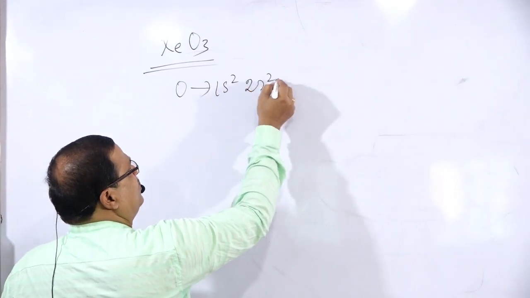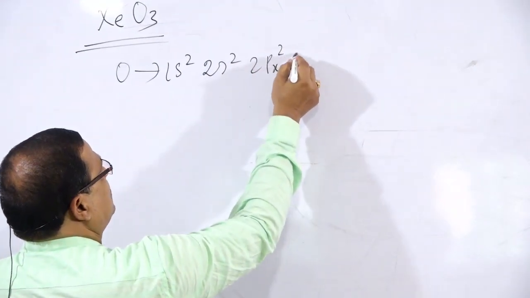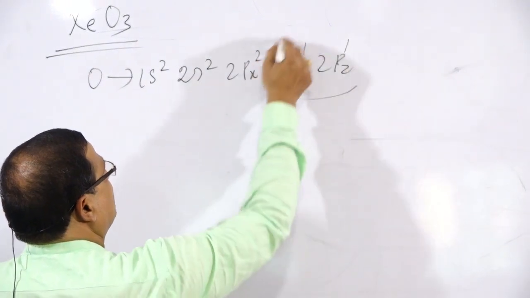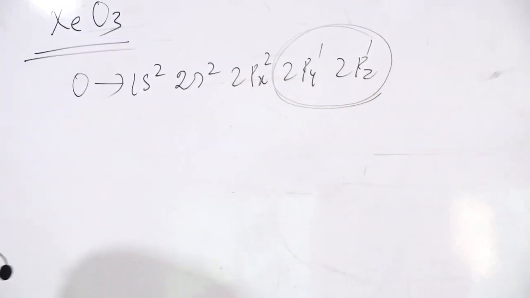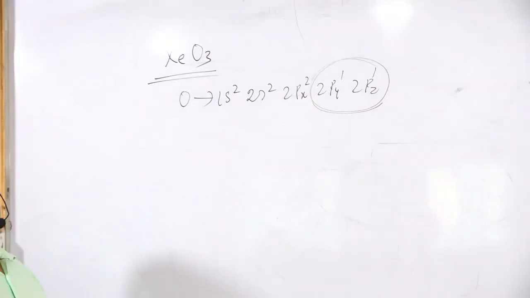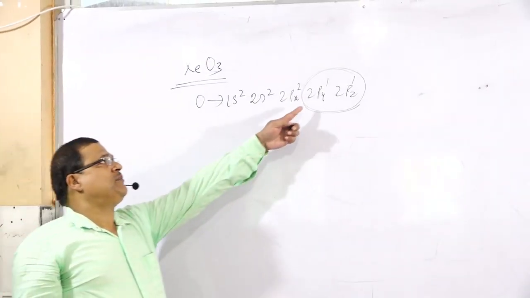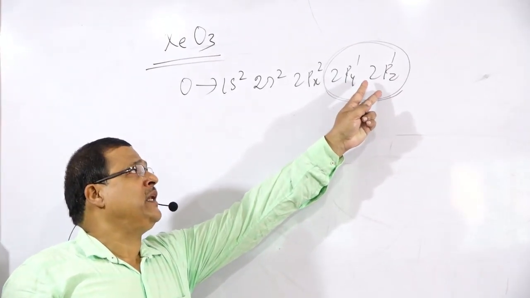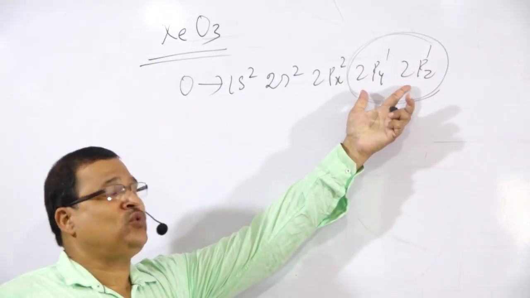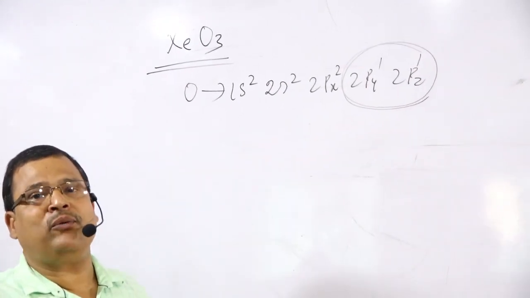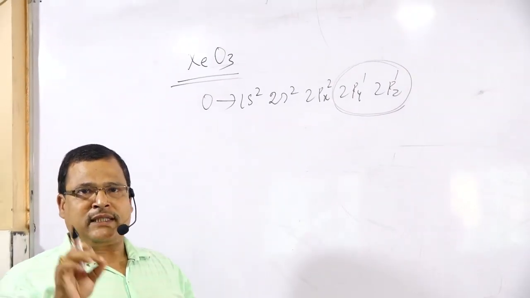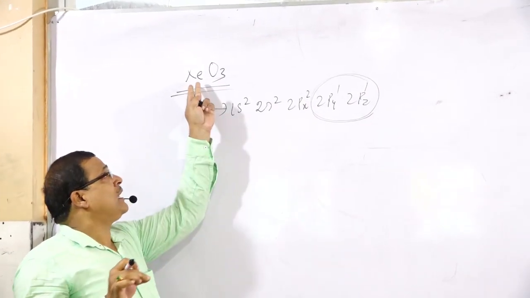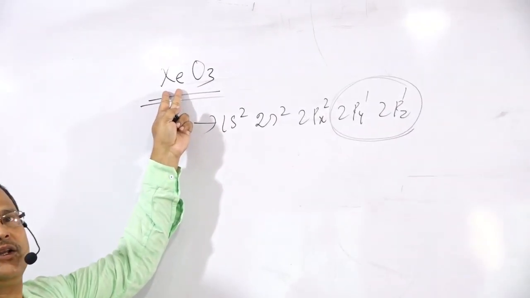For example, oxygen is 1s2, 2s2, 2px2, 2py1, 2pz1. These 2 electrons, in 2py1 and 2pz1, are responsible for the formation of bonds. These 2 orbitals are mutually perpendicular to each other, and they will form bonds with the same atom, xenon.